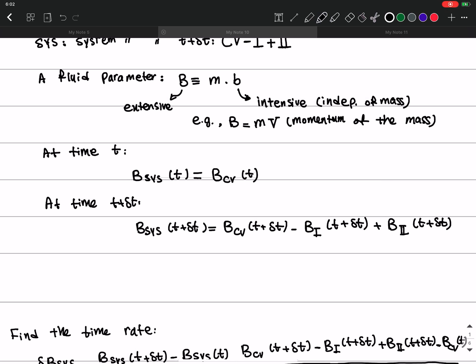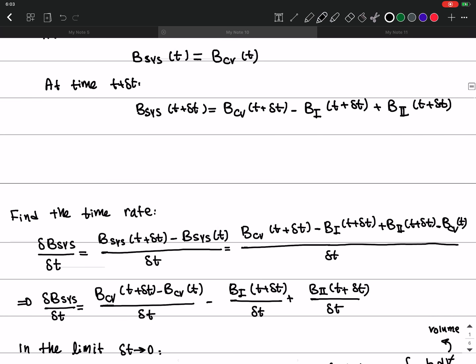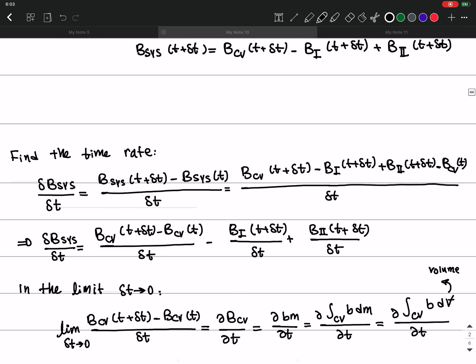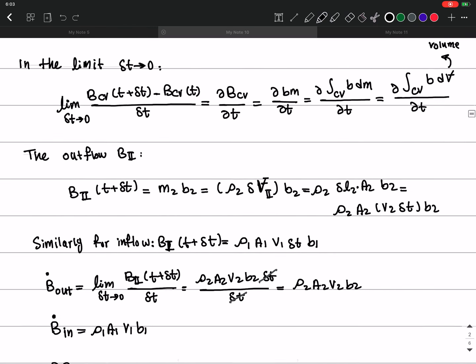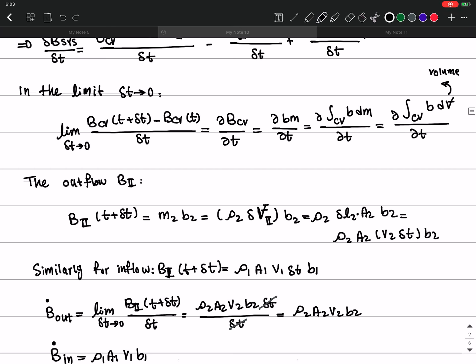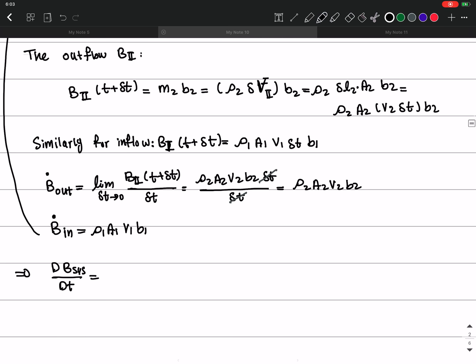equals to what? Equals to all these individual terms, right? So this one is going to be dB system over dt, right? As you take delta t. So we have this on the left hand side, which is as you take the derivative as it goes to 0, we just get this, right?